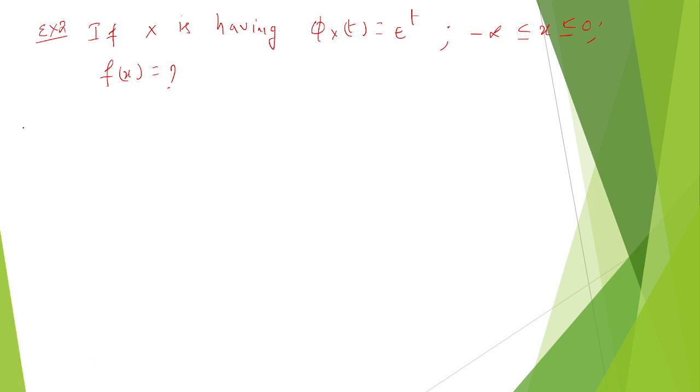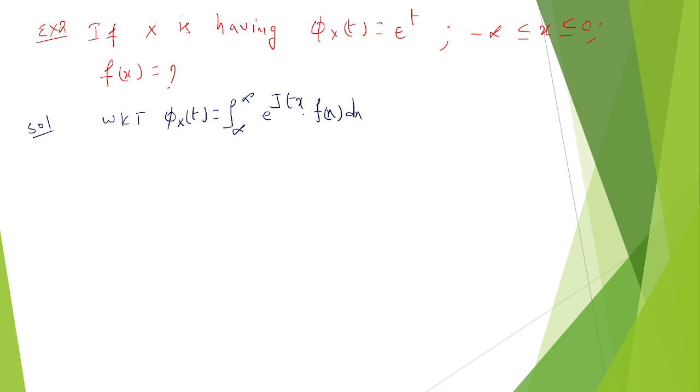Here we know that the characteristic function phi x of t is the integral from minus infinity to plus infinity of e power jtx into f of x dx.